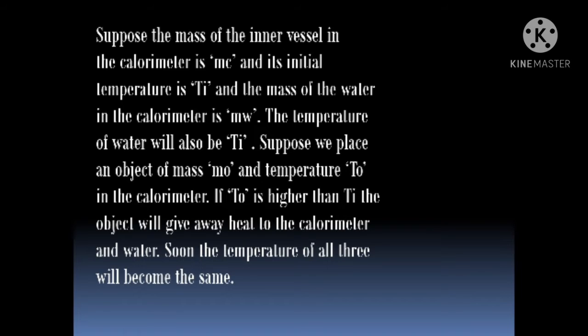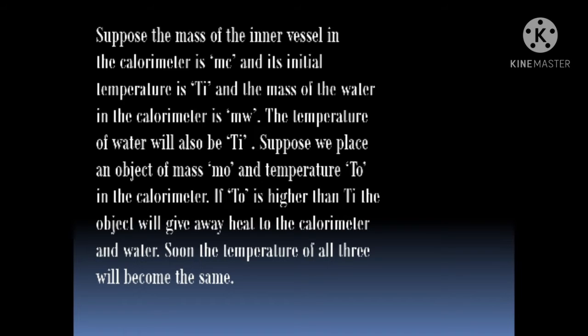M is for mass and W denotes water. The temperature of the water will also be Ti, the initial temperature. Suppose we place an object of mass Mo. M stands for mass and O is for the object, and its temperature is To. T is for temperature and O for object in the calorimeter.